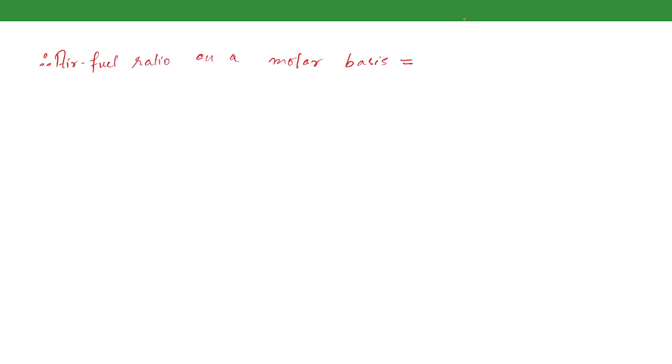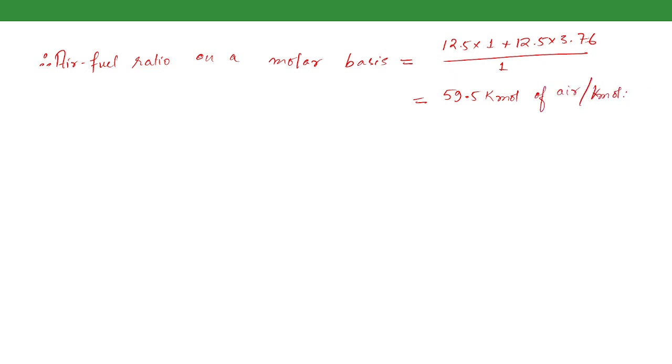So we can write it as (12.5 into 1 plus 12.5 into 3.76) by 1. So the air fuel ratio in this will be 59.5 kilomole of air per kilomole of fuel.